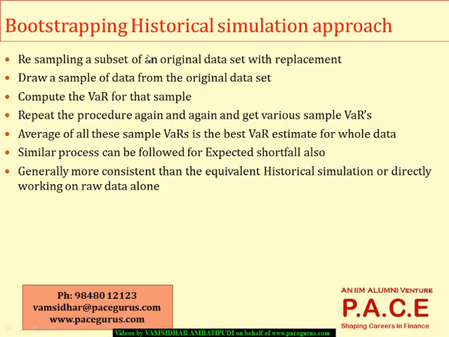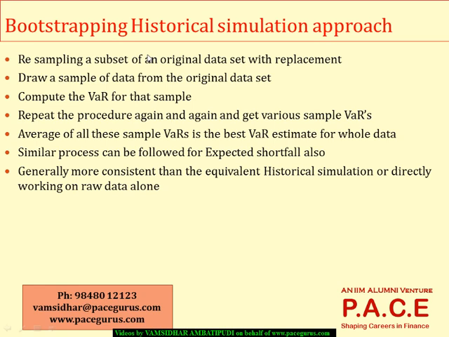One of such approaches is bootstrapping of the historical simulation. Historical simulation is where we pull out the values from the historical data, arrange them in ascending order, and pull out the (n plus 1) times alpha-th element. This is what we have looked at earlier.